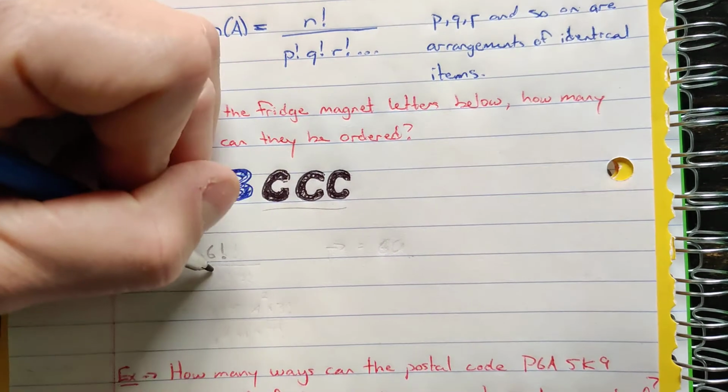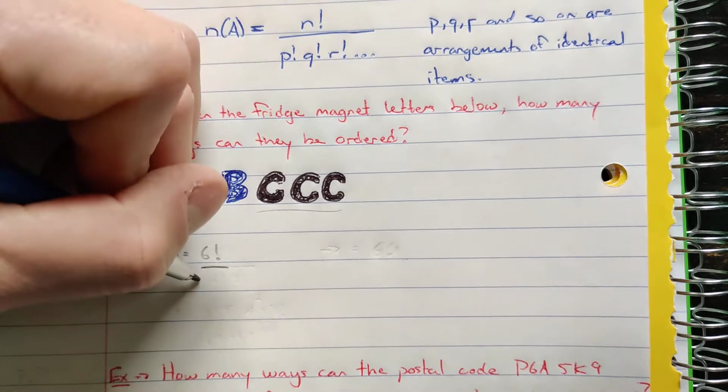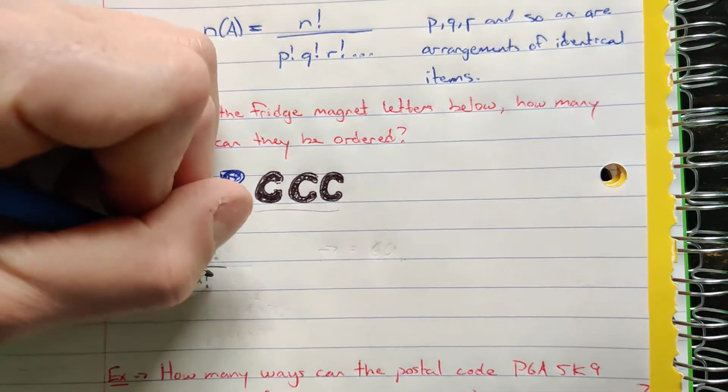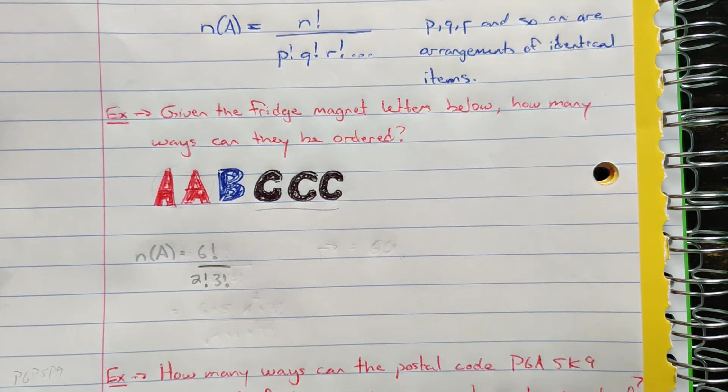However, we have 2 red A's, and wherever we put them, we won't be able to distinguish one from the other. So we can arrange 2 red A's in 2 factorial ways. And then we have 3 black C's, and again, we wouldn't be able to distinguish them from each other, so that's 3 factorial ways we could arrange them. We've got to get rid of that.